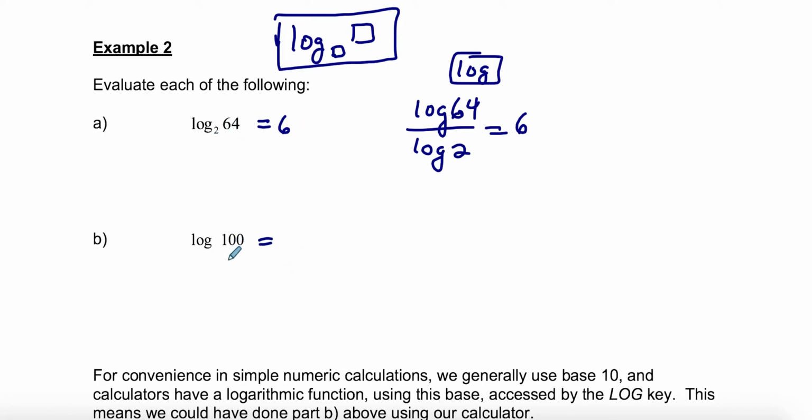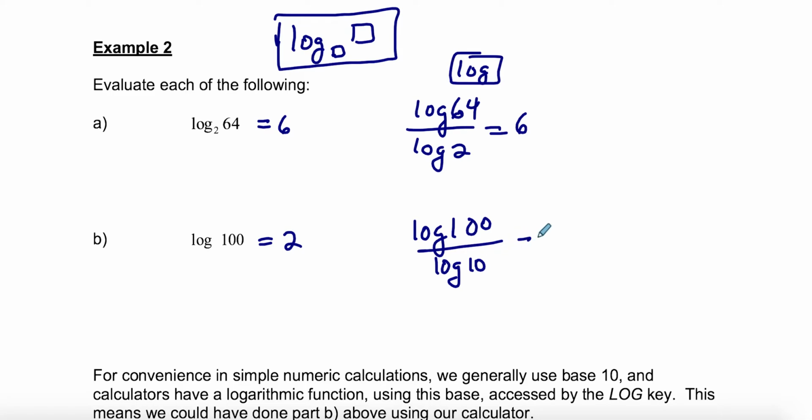This question is asking you 10 to the what is 100, so 10 to the exponent what is 100. So 10 squared is 100. You might not always need a calculator. If I wanted to use a calculator on that one, I could type in log 100 divided by log 10.